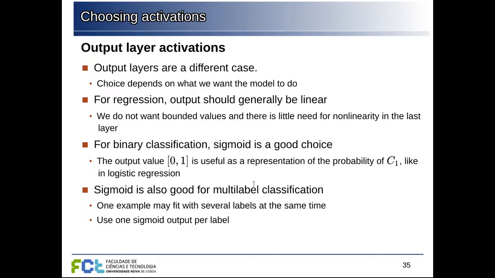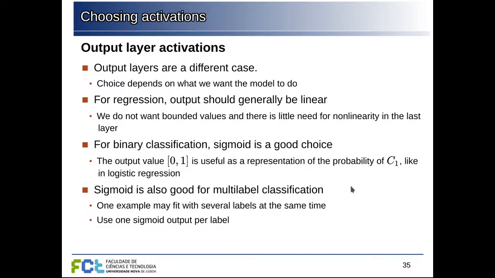Or if we have a multi-label problem. A multi-label problem is different from multi-class in that one example may have several labels. So we can have an image that contains an airplane and clouds and ground and things like that. So we may want, instead of classifying the image in a single class, to label all the different labels the image contains. In that case, we can also use sigmoid activations.